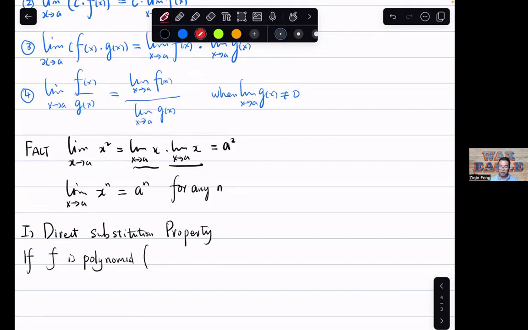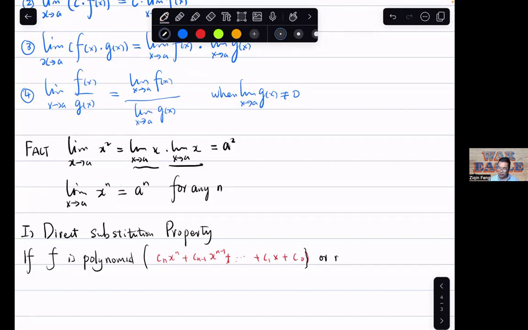If you want to write down the general formula, you can write this as Cn x to the n plus Cn minus 1 x to the n minus 1, where all the c's are constants, all the way to C1 x plus C0. That's a typical representation of polynomials.